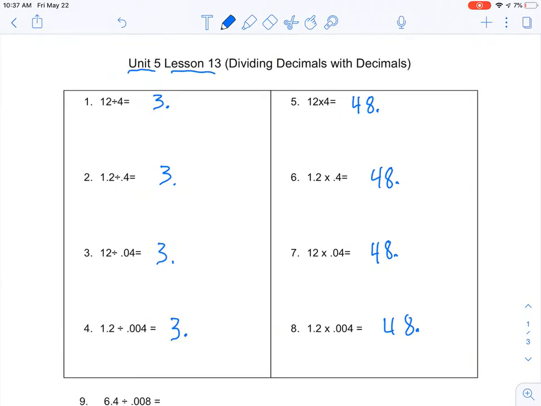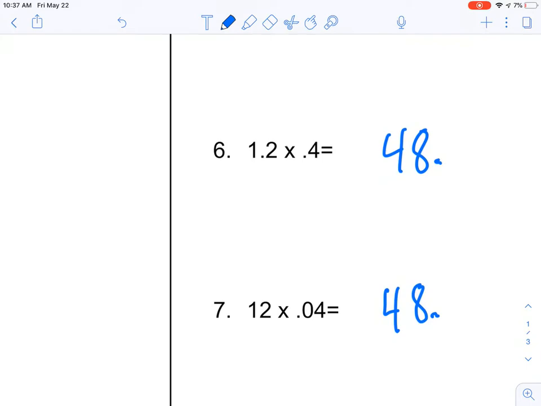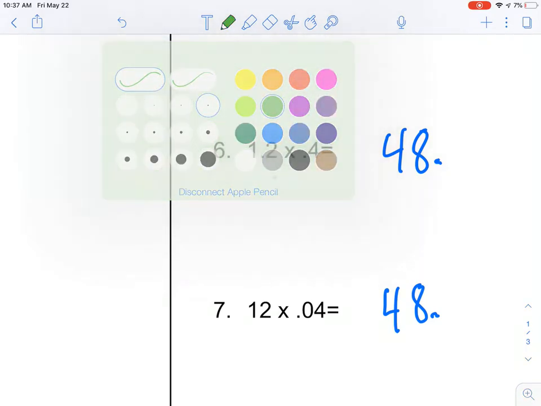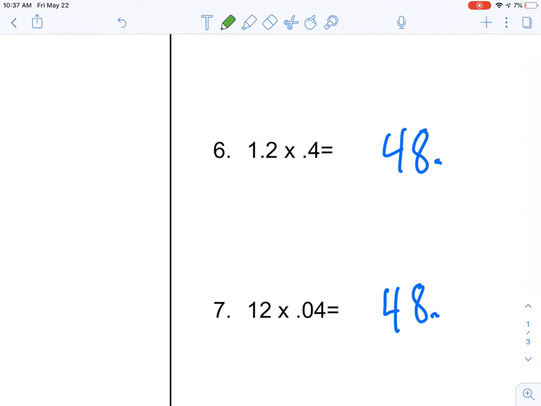Okay, so let's start with number 6. I like this one because the decimals are in both factors. So we're going to see how they move. It seems like with the first one, it moves one place to the left. And the next one, it moves one place to the left. So it's moving forward for the decimal. So what do we do after this?